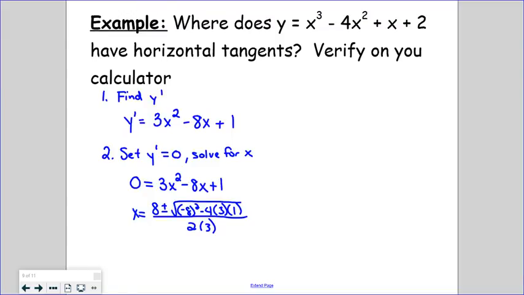It should give you two x values, usually. And this is ugly, so you're going to need a calculator and round to 3 decimal places.